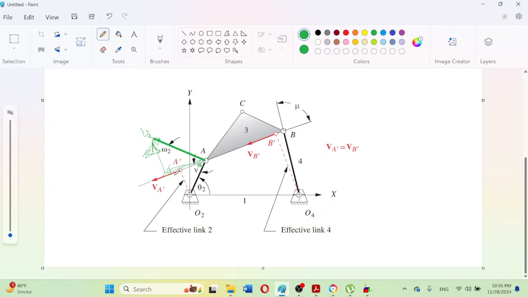Actually, this component is transmitted only from this point A to the output pin, or this output link rocker, which is denoted by the digit 4. Only this component, because it is along the rocker line.